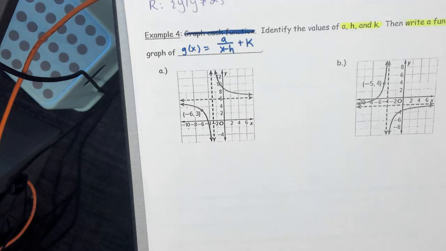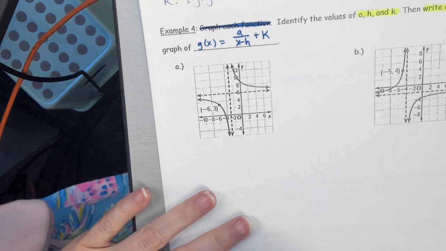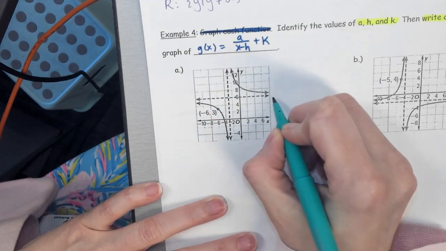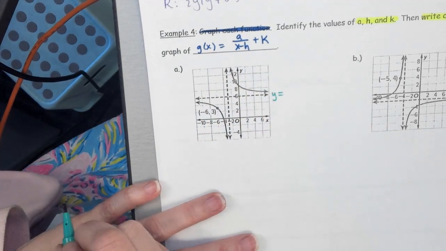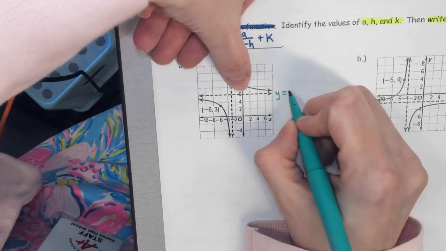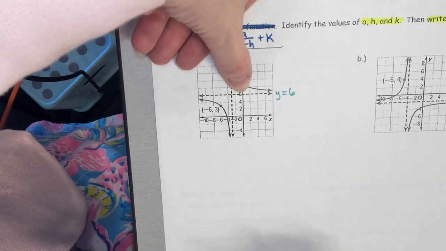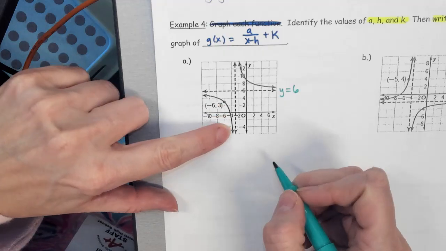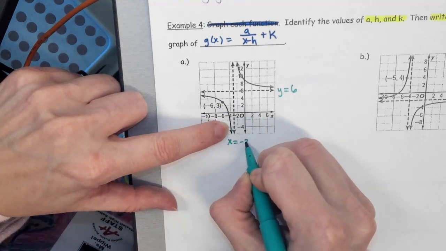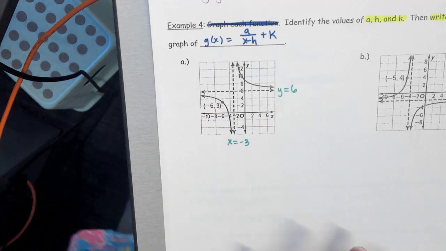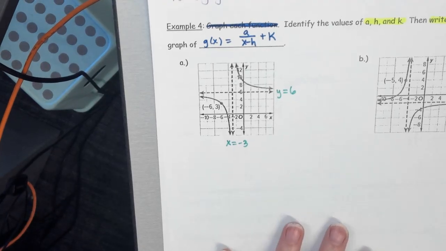So we're going to start with labeling what the asymptotes are because those are going to connect to certain values. Okay, so we have here, if it's horizontal, it's y equals. So this is at y equals 6 according to the scale here. And this one is going to be at x equals -3, halfway in between the -4 and the -2.